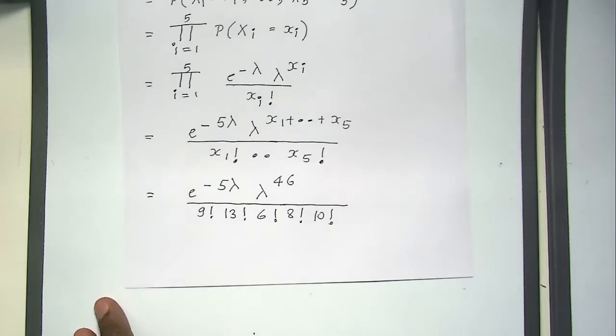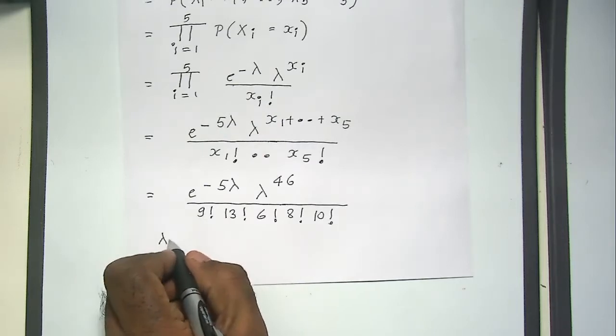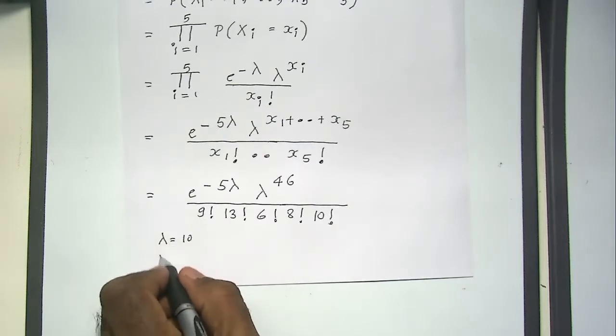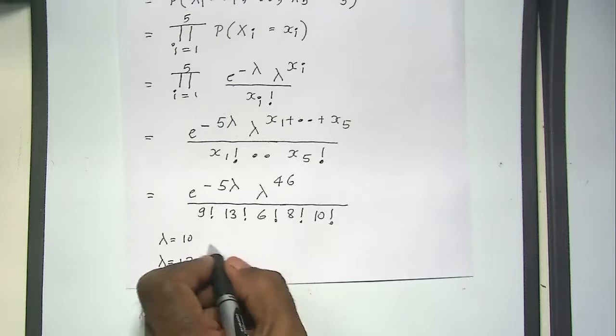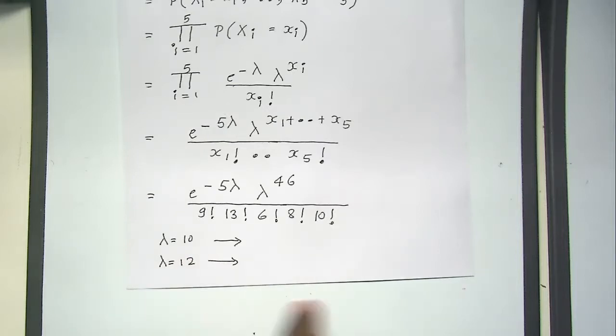Okay. Now the second part is to compute this joint probability at the values lambda equal to 10 and lambda equal to 12, and choose the one that gives the higher.